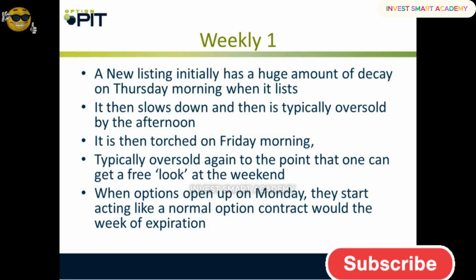Basically, if you think about it, when we list an option on a Thursday, we've got a 9-day option, and in its first 4 days, 2 of those days are the weekend. All right, and if we've got a long weekend coming up, it could be as much as 3 of those days. So there's a race in traders to try and pull out the weekend as fast as possible.